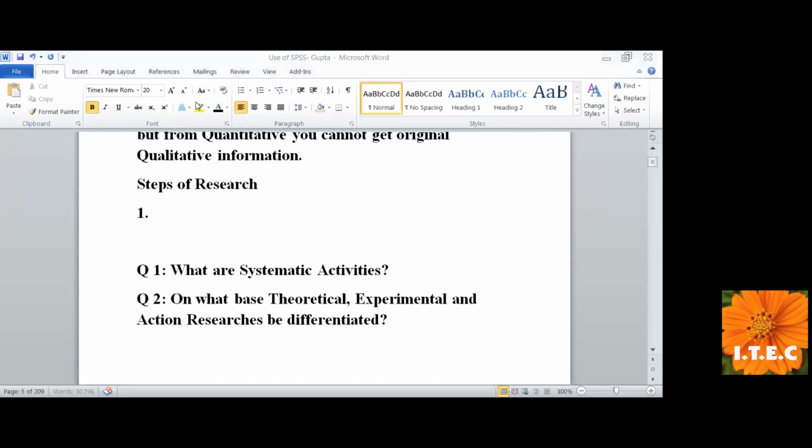Let us see what are your answers. Yes, the first step of research is not statement of problem, that is wrong. You have given the correct answer, it is identification of problem.